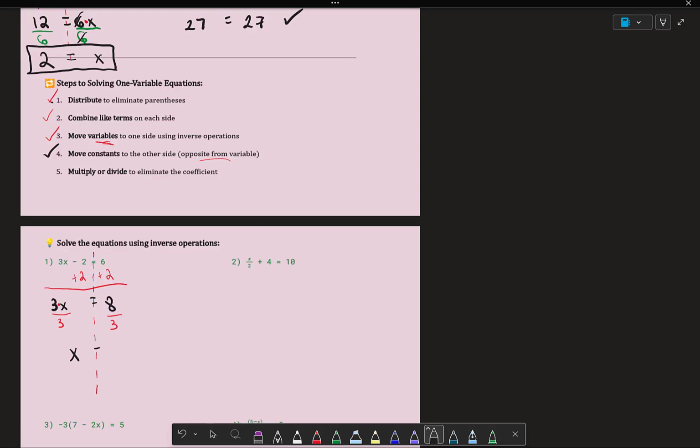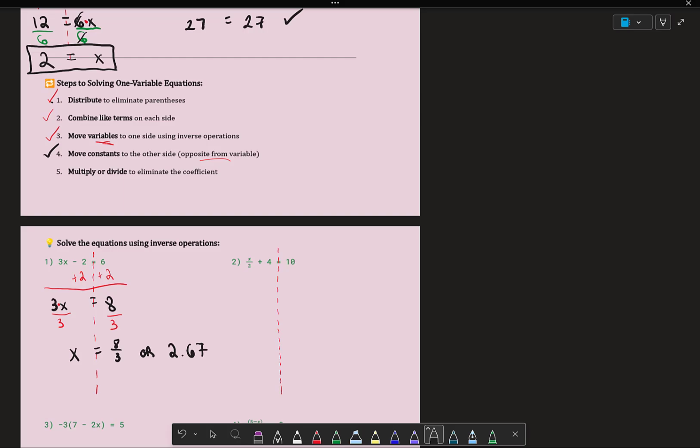On the right side, 8 divided by 3, we could stick this in the calculator. 3 doesn't go into 8 evenly, so we could just write our answer as 8 over 3. Or if the answer called for a decimal, this would be 2.67.